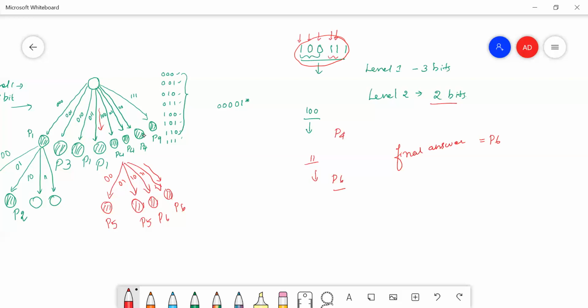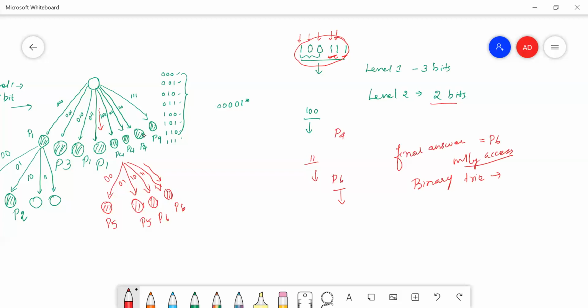I'm talking about memory access here. With the normal binary trie, because the last bit is 1, we don't have further expansion of subtrees, okay. So we are closing the search on the 1 bit itself. We are not going to proceed further because there are no descendant branches emerging from P6.